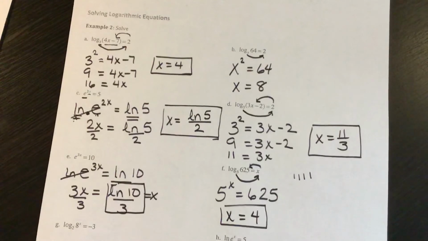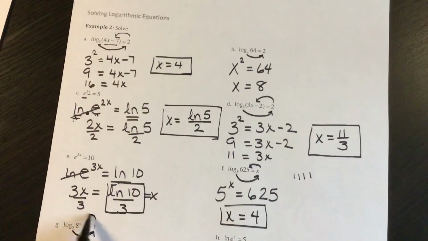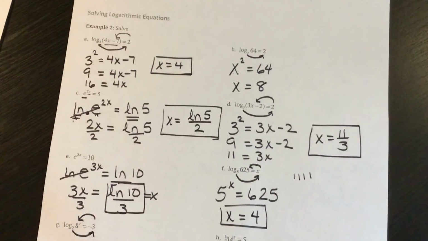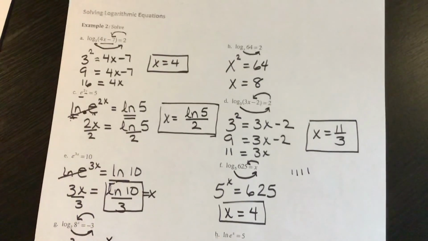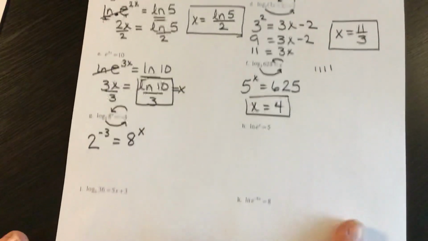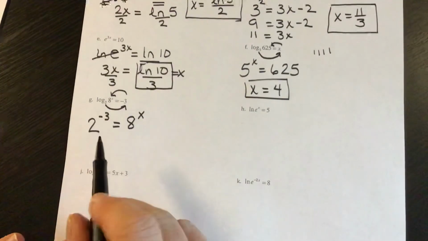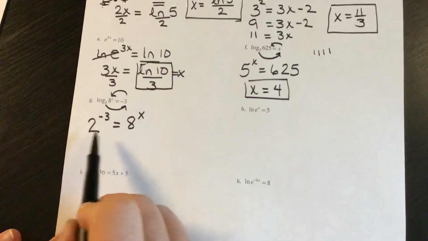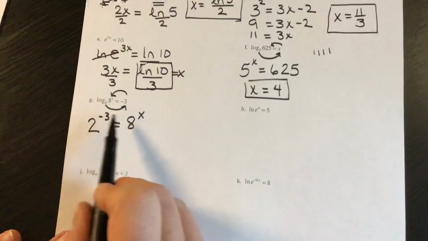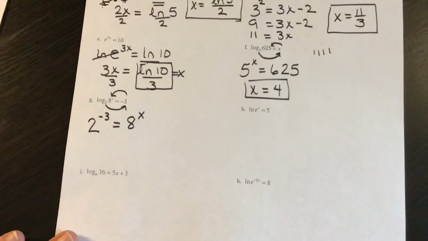Let's do one more here. 2 to the negative third power equals 8 to the x power. Now this is something that we did like on the other side. So I need to have the bases be the same so that I can have my exponents be the same.